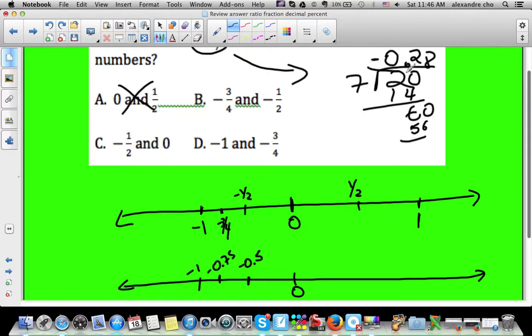So we found the value as a decimal, negative 0.28. Well, negative 0.28 is not between negative 1 and negative 0.75, and it's not between negative 0.75 and negative 0.5. It's somewhere over here, in this location right here. So the only answer that says between negative half and 0 is this one.